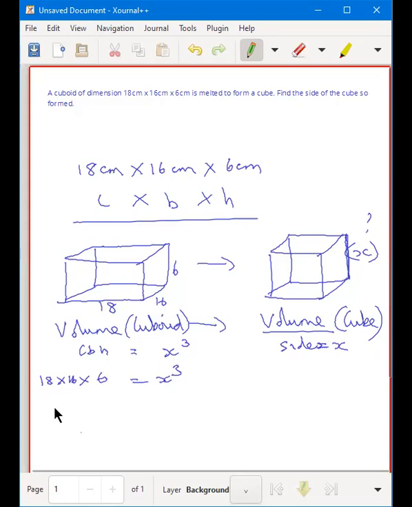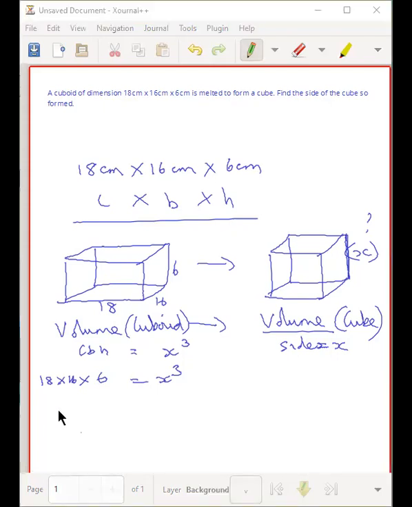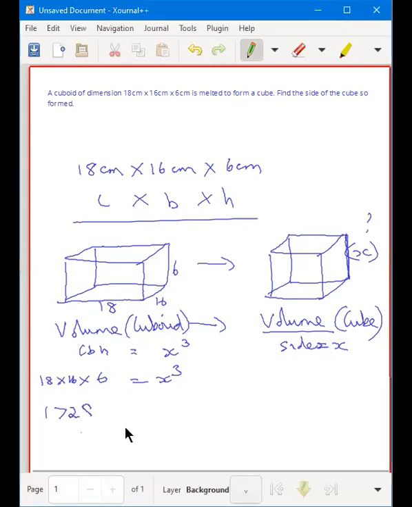Siddhant Garve, that is correct. Sara Vastani, that is correct. Aryan, correct. 1728. I think you made a calculation mistake somewhere. So 1728 is equal to x cubed. So what will be the value of x?